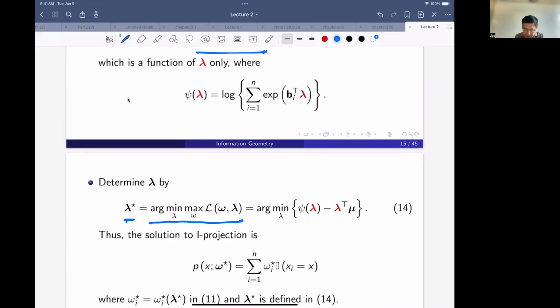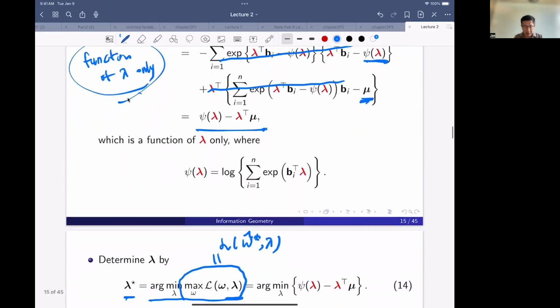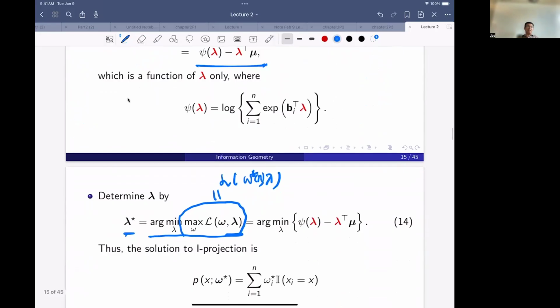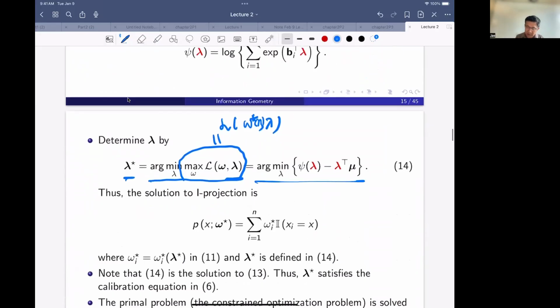Why? Because this is actually L of omega star, lambda, which we just wrote here, right? So this is more like a saddle point problem. You basically solve minimax. Okay, so once you solve this, given, right? This is given.